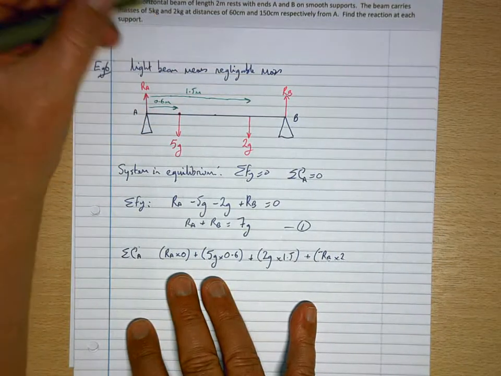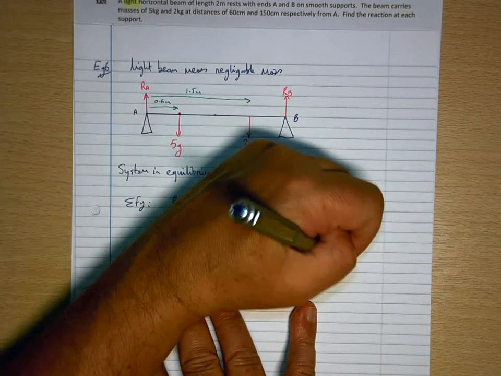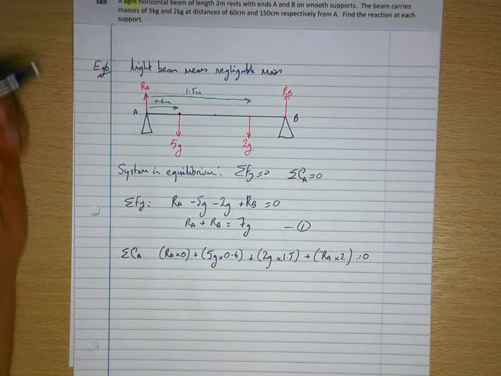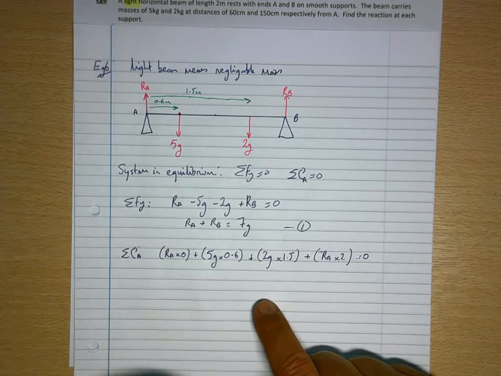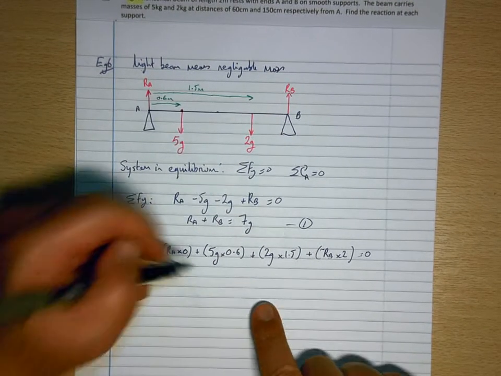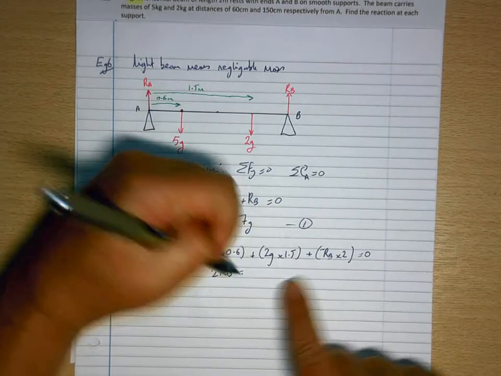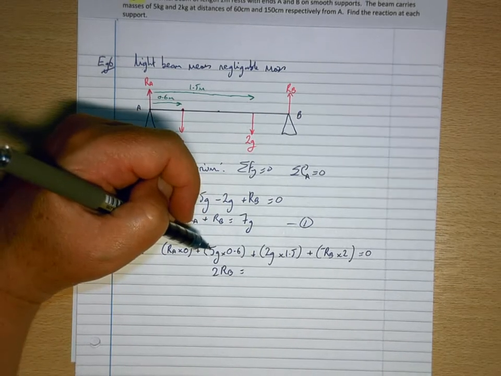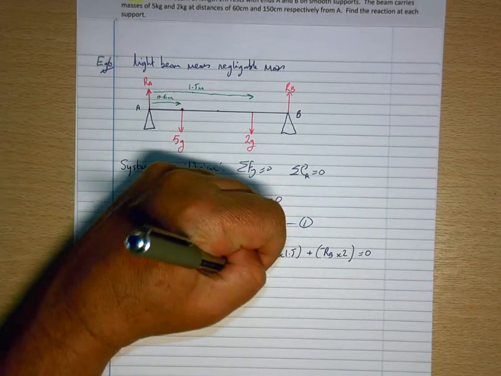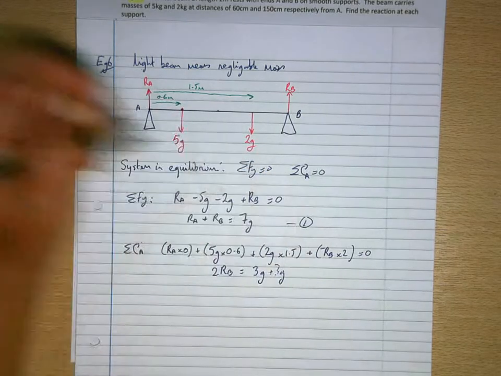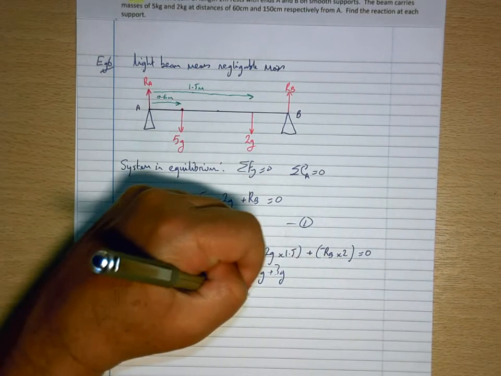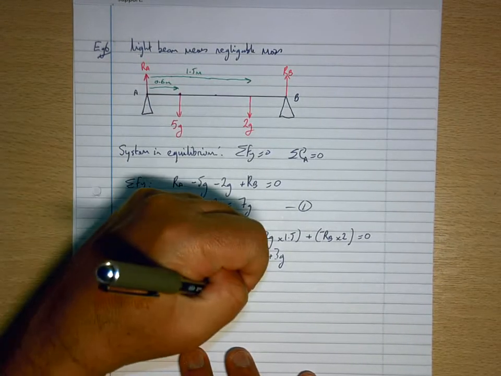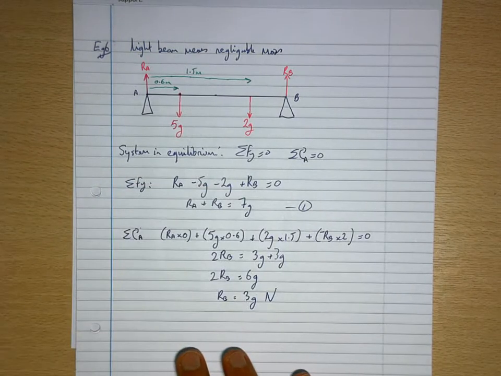That wants to turn it in an anti-clockwise direction. So we are going to be able to find RB from this. So 2RB, take it over to make it positive, and then here I'm going to have 3g plus 3g. So 2RB is 6g, so RB is 3g newtons.